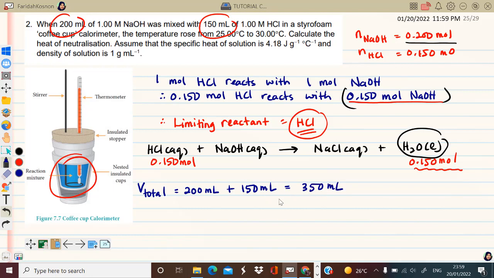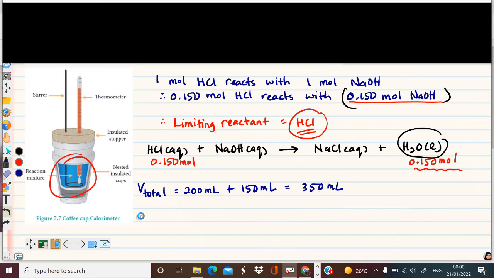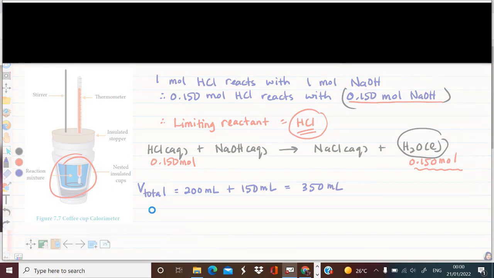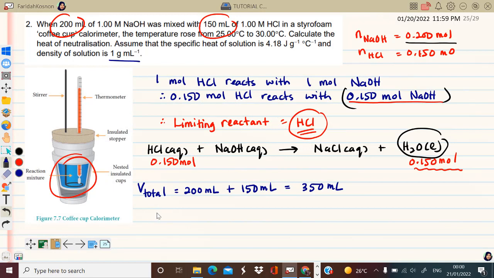Jadinya sekarang oleh kerana kita diberikan density, maksudnya sekarang untuk kita tahu mass of solution, therefore, mass of solution.